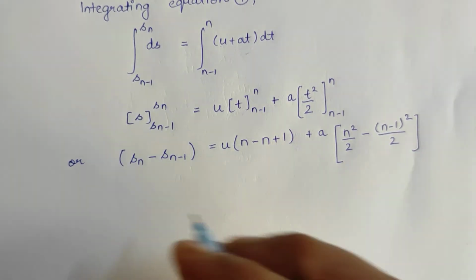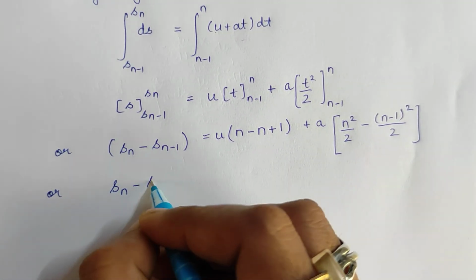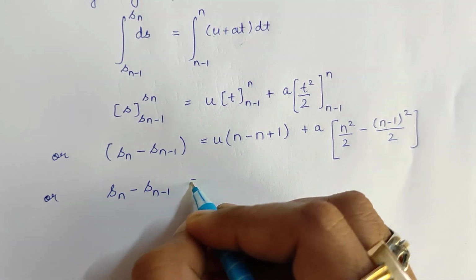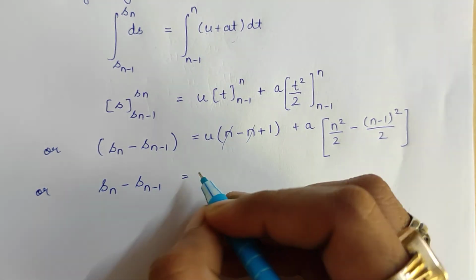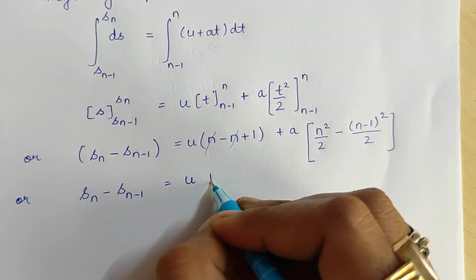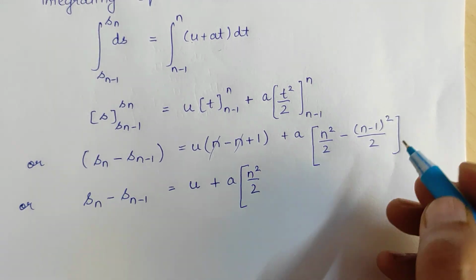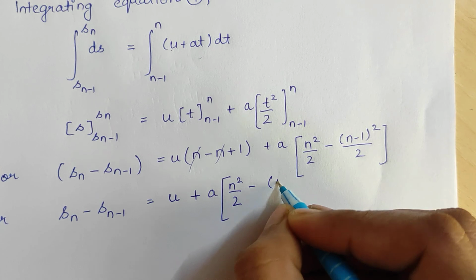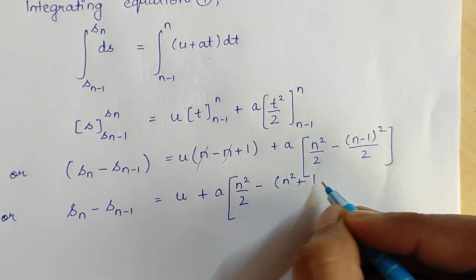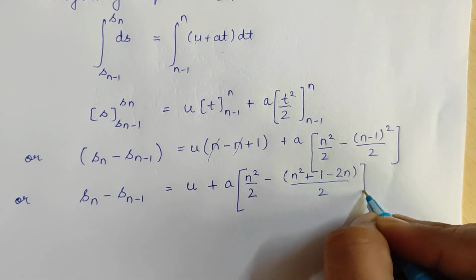Fine. So here n minus of n minus 1 is 1. We get u plus a times n square by 2, and for a minus b whole square we get a square plus b square minus 2ab by 2.